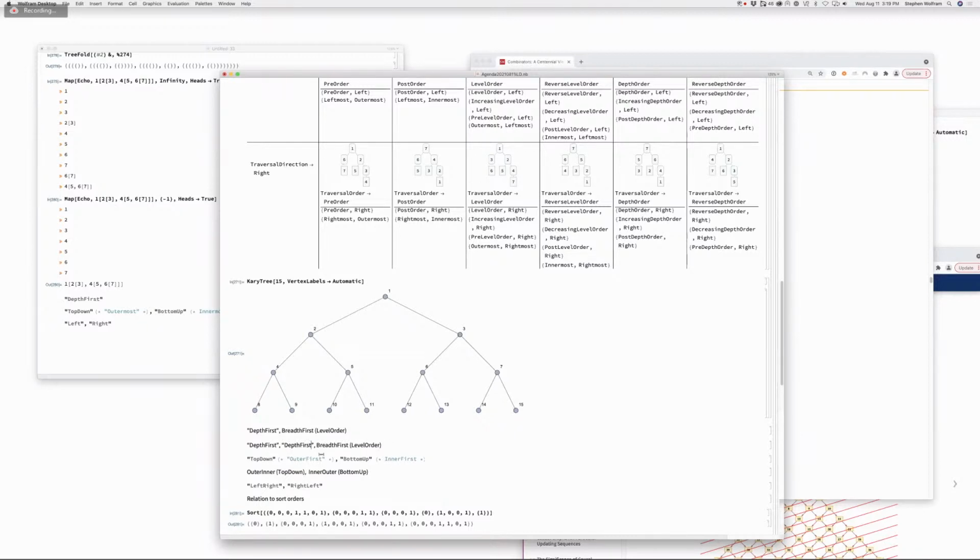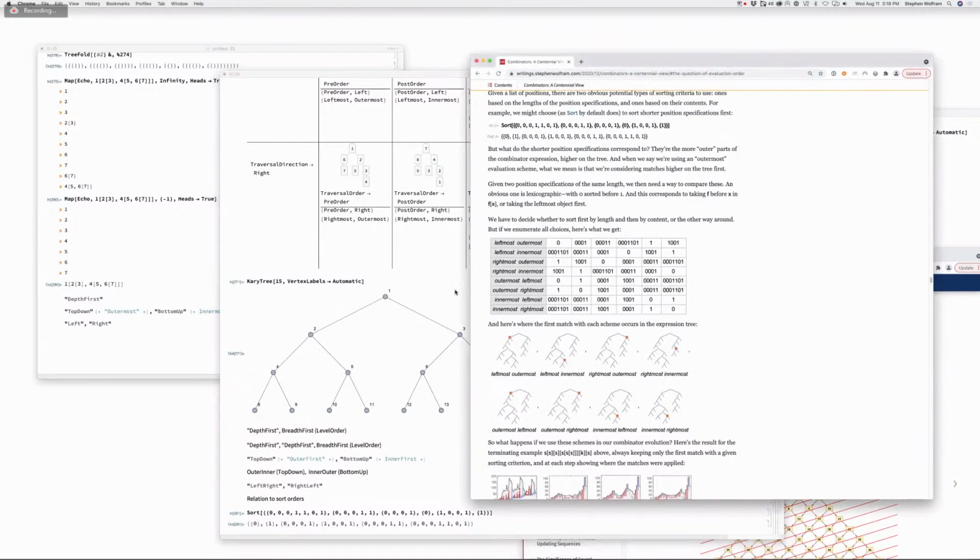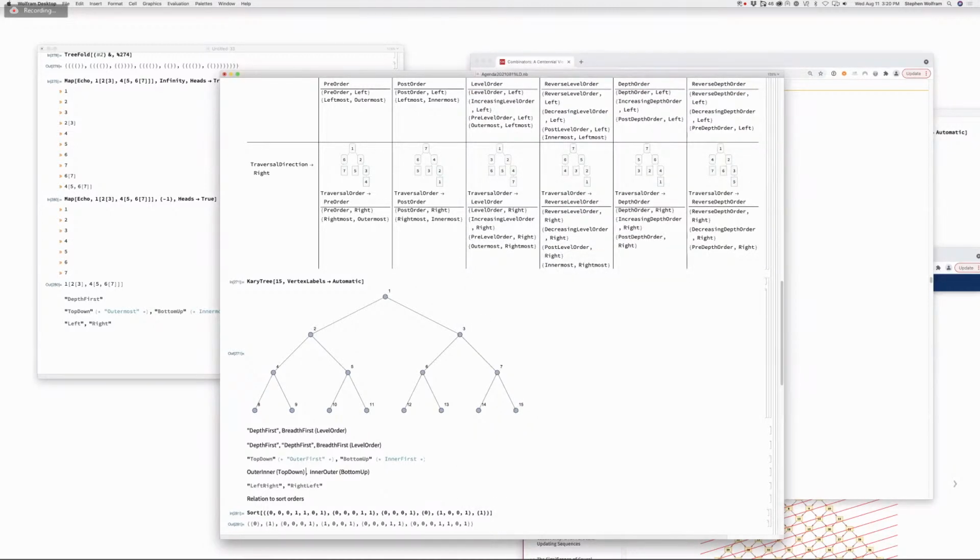Wait, hold on. What is outermost? Is that a pre-order thing, post-order thing, or something completely different? Because outermost is what I understood outer inner to be. Outer inner means the same as outermost, correct? Yes. Outer corresponds to pre. Inner corresponds to post.